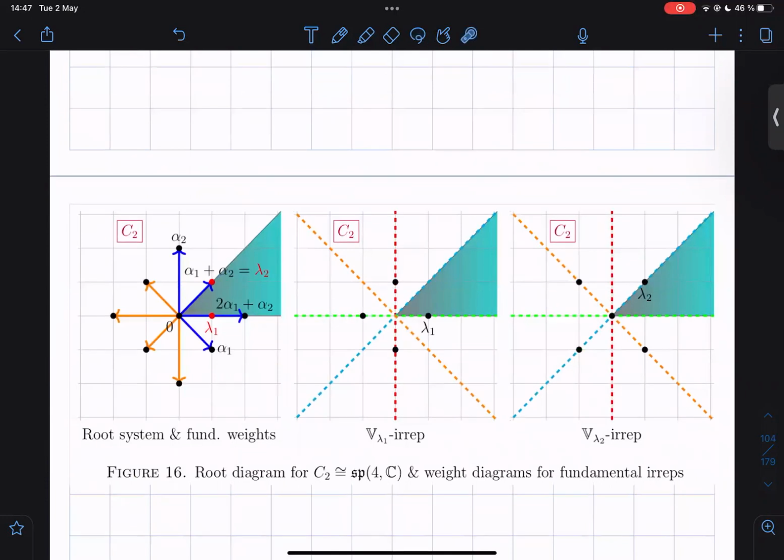So here we've seen this before, C2. Root system, fundamental weights, Weyl chamber. Here's lambda 1 in this picture. Here I've drawn all these walls. Even though it is coinciding with these root directions, really for each root, I'm taking the perp to construct these walls.